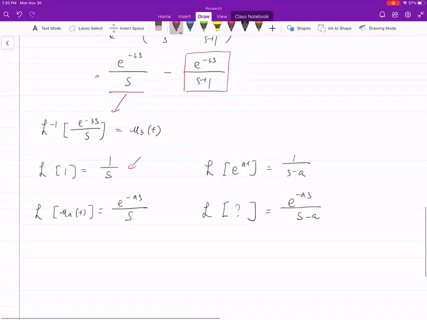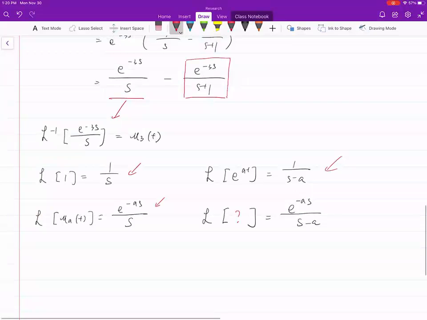We know this one because we did it ourselves. We know these two by Laplace transform, integration by parts, all the stuff. We just did this one in this section. So all these three things I just wrote down, they're true.